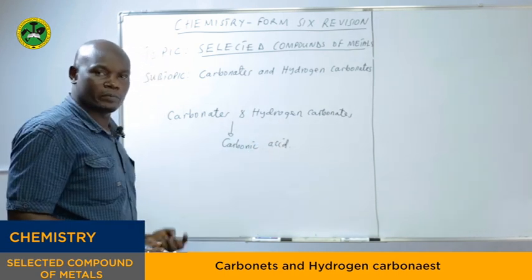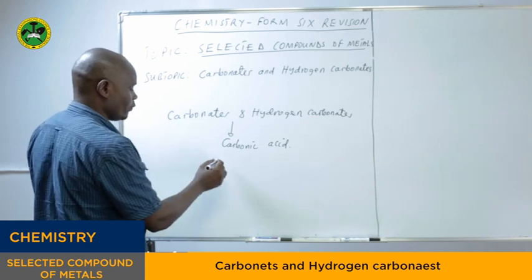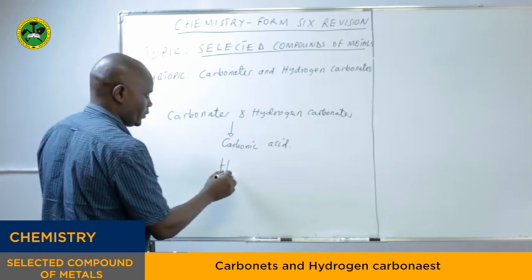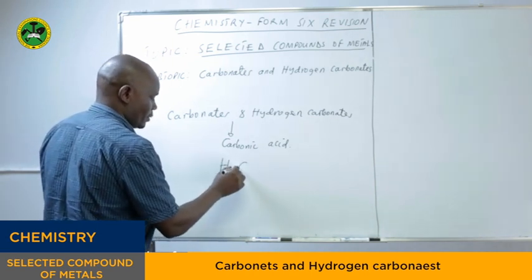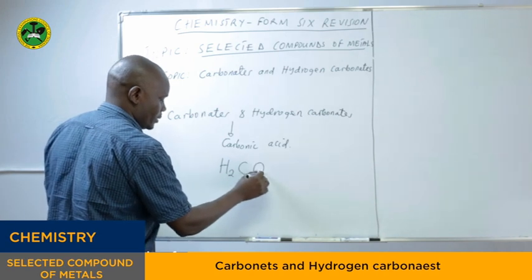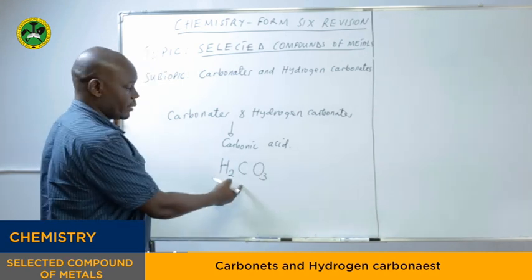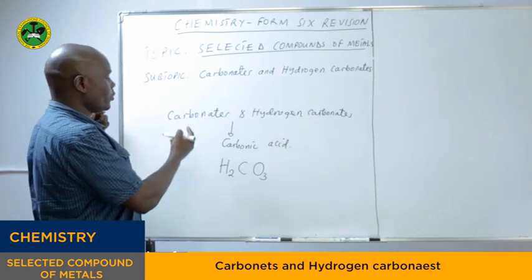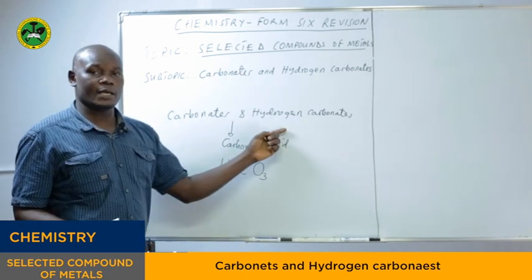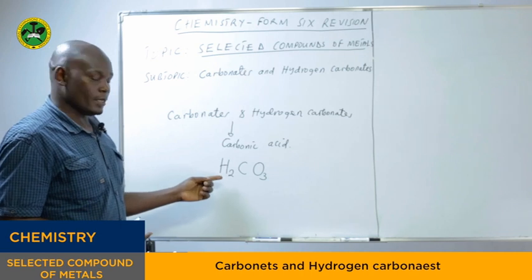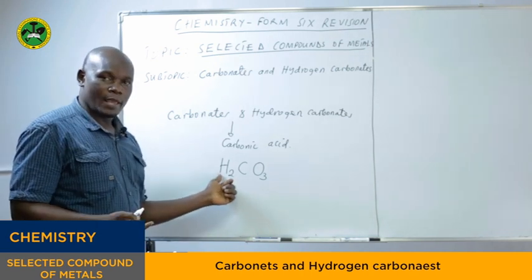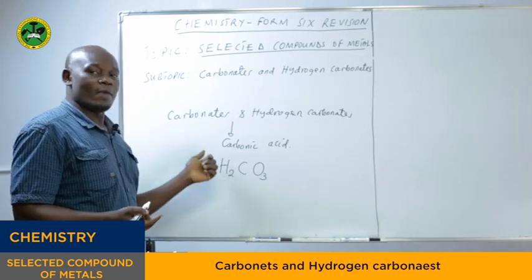As we know, carbonic acid has a formula of H2CO3. So this is carbonic acid. When we talk of carbonates and hydrogen carbonates, it is when the hydrogen atom is replaced by a metal.